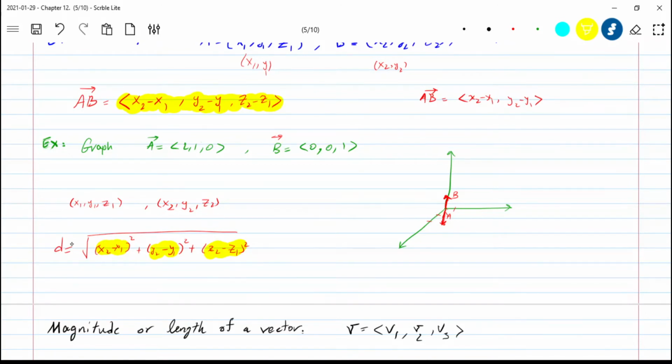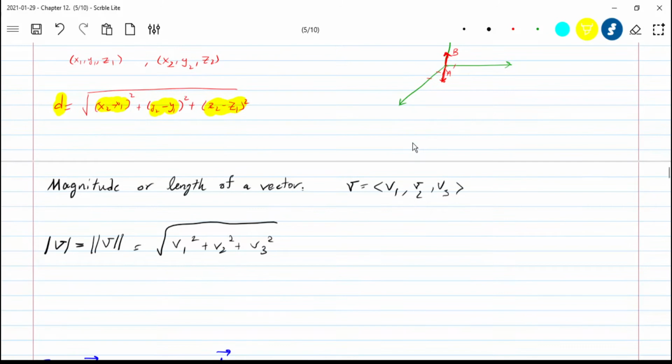So basically, to find the length of a vector, you add the components squared and take a square root. So if you want to find the magnitude or the length of a vector with the components v1, v2, and v3, basically square the components, add them up, and take the square root. This is from the distance formula that we talked about in the last section.